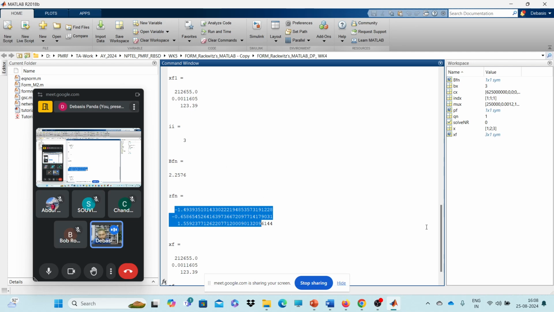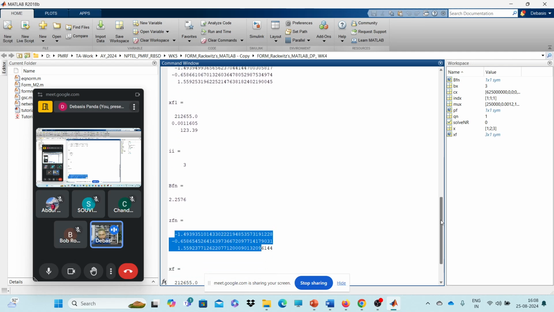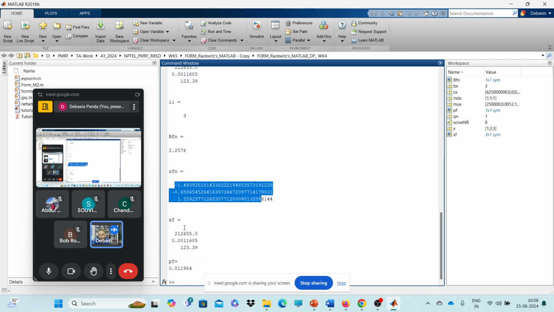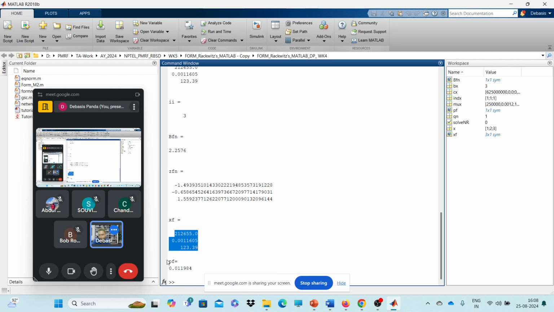Once we get these two along with our direction cosines, I need to find the xf values and the probability of failure, right? This function file will give me the final beta, final design point in z domain, final design points in x domain, and the corresponding probability of failure.